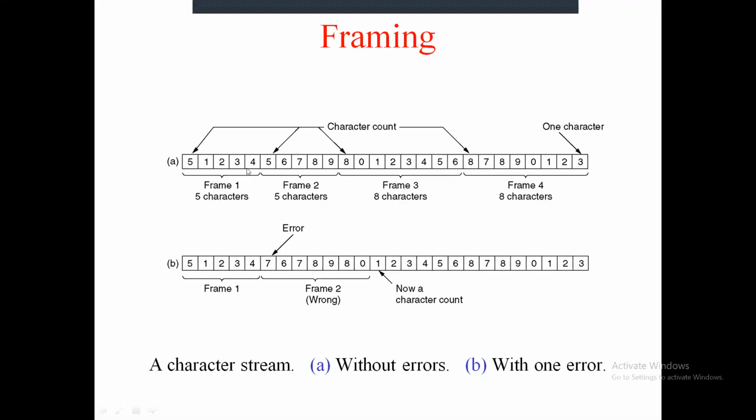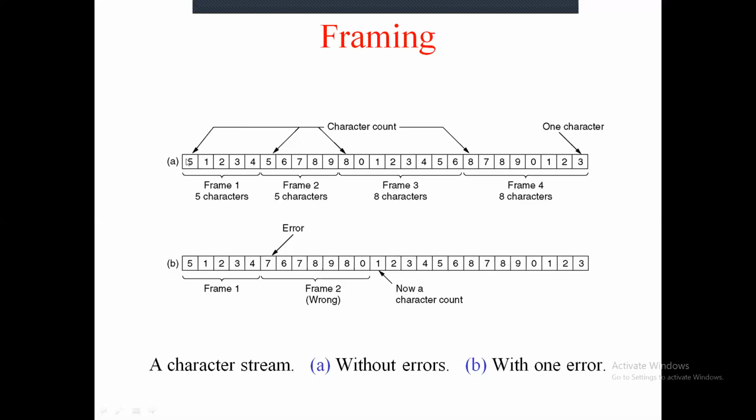In total, in the first character stream, we have 4 frames. In this, how do we recognize this is the first frame and this is the second frame and this is the starting point of the frame? According to character count, that is the first method.